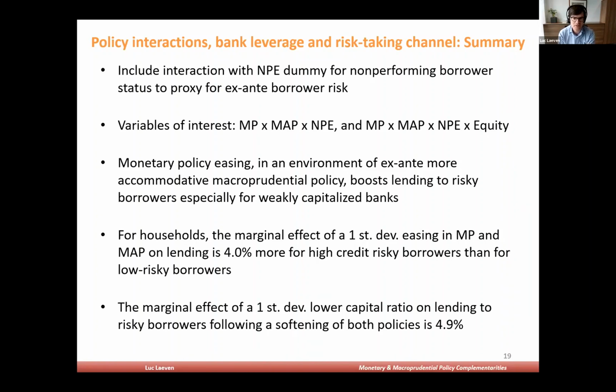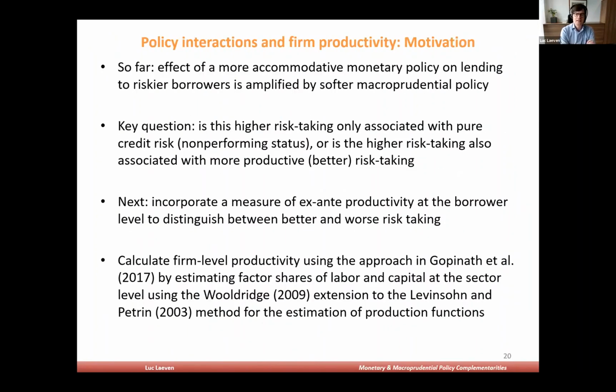Then the last part of the analysis asked the question: okay, so we found evidence of a risk-taking channel and a traditional bank lending channel. Is this all bad? Or is there also something to say about the allocation of these resources?